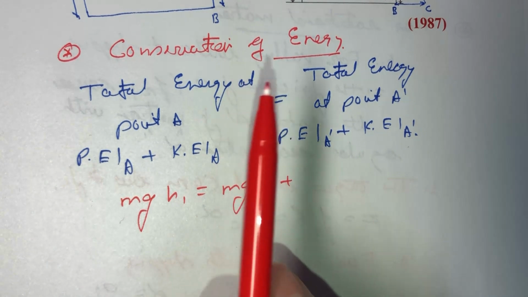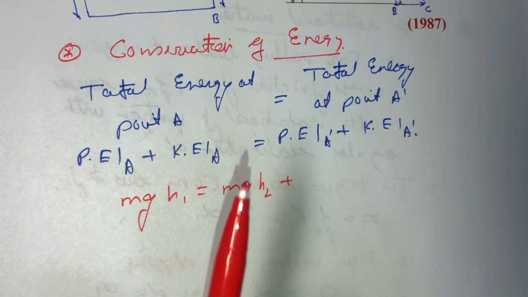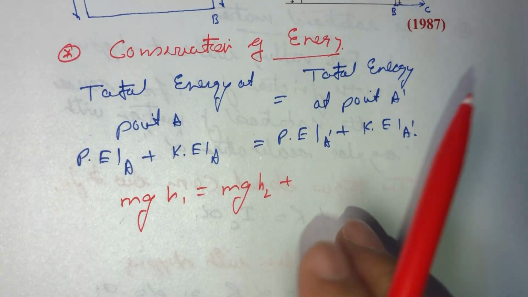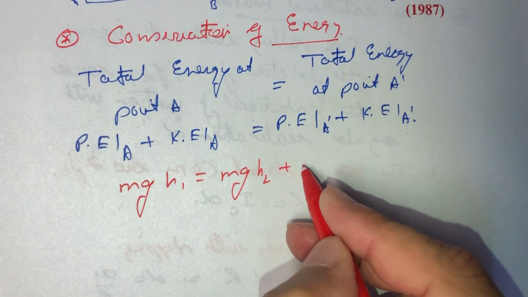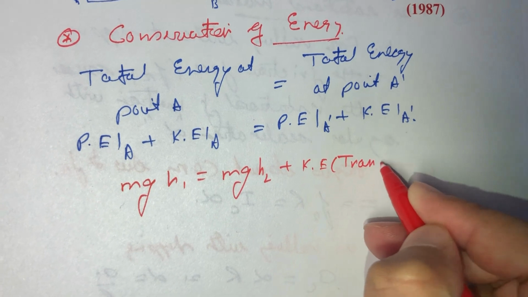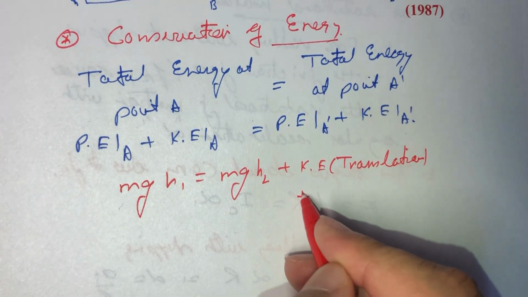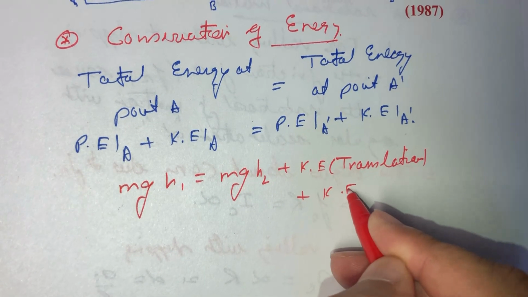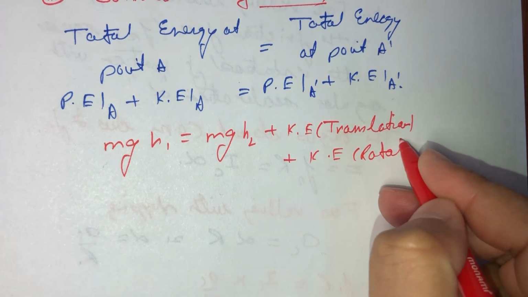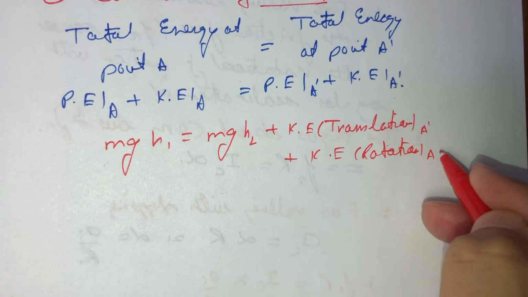As the sphere is rolling without slipping, it is going to have two types of kinetic energy, one translational and another rotational. So kinetic energy translational plus kinetic energy rotational, both with respect to A prime.